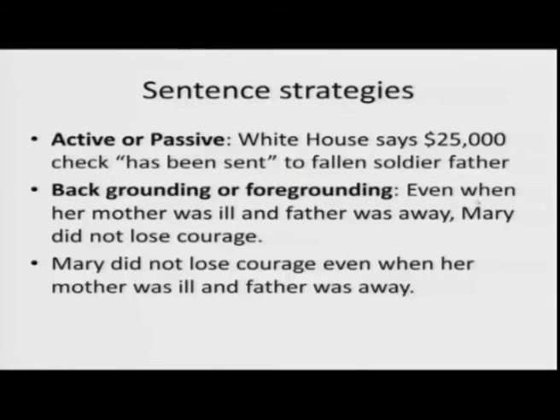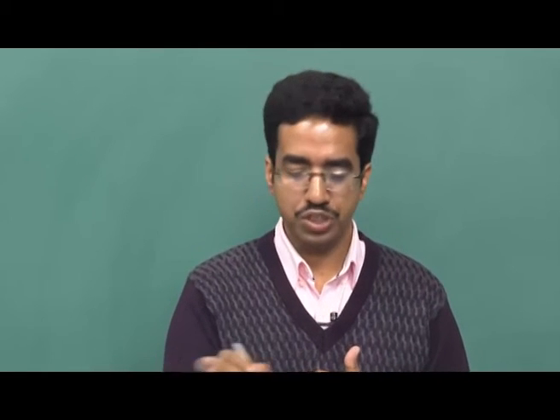Here, subordinate clause appears first and then independent clause comes. In this example, Mary did not lose courage. So, the independent clause comes first and then the subordinate clause comes. But by starting with subordinate clause and by supplying some details, the author here seems to withhold the main information which is presented in the independent clause.